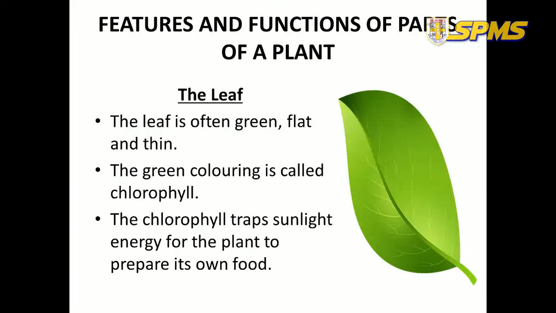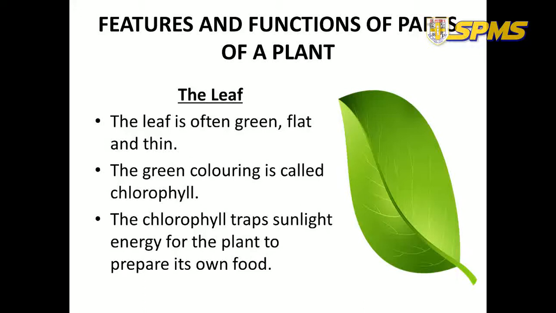What does it consist of? The green coloring matter is called chlorophyll. That word is a little bit big, right? Don't worry. It's simple. It means the color of the plant and the leaf is known as chlorophyll. So this chlorophyll traps sunlight energy for the plant to prepare its own food.